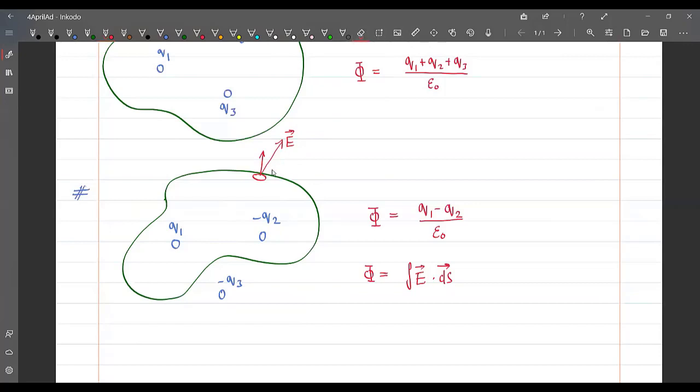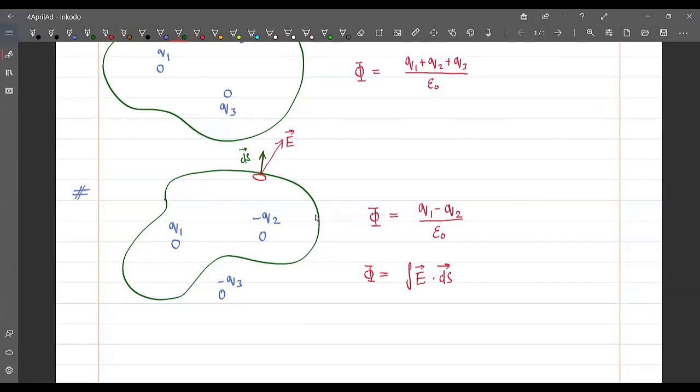And this vector is your area vector. So can anybody tell what this electric field is due to? There are three charges. Then what does this E signify here? Is it the charge given by Q1, Q2, or Q3, or only Q1, Q2? Only Q1, Q2.